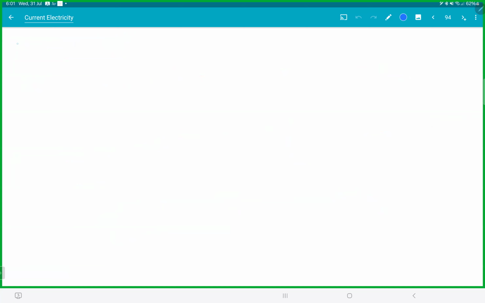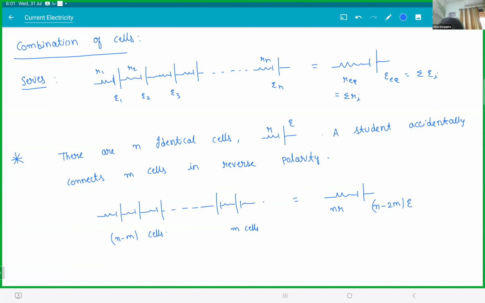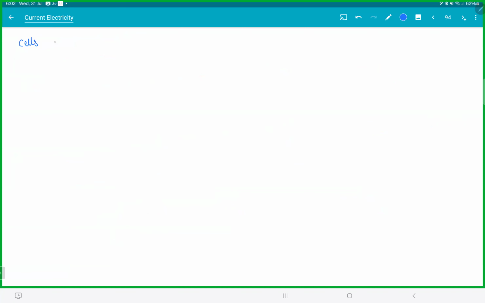Cells in parallel. So could you go back for a moment? Cells in parallel.